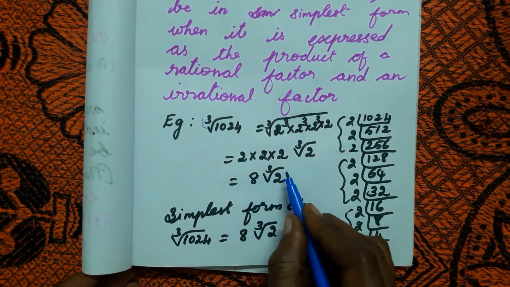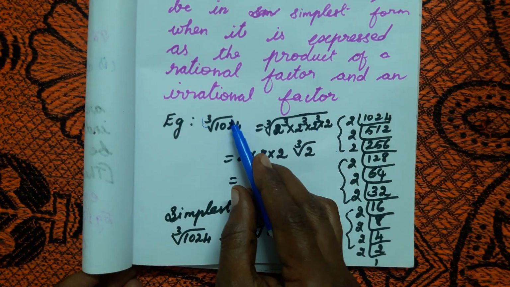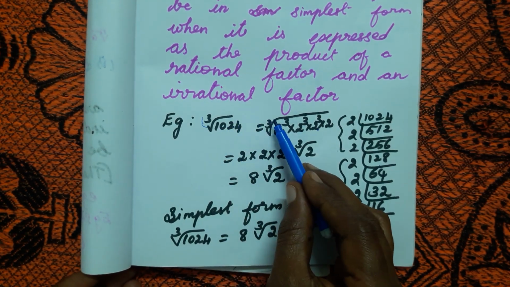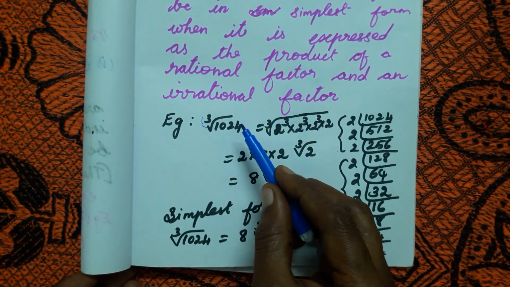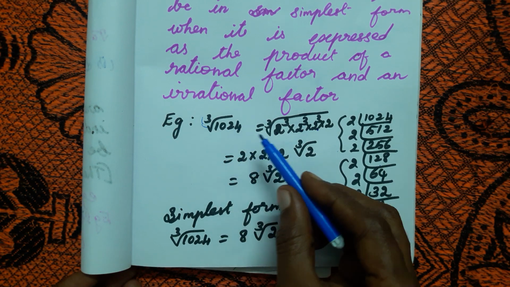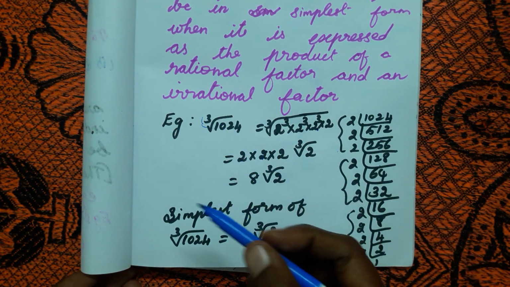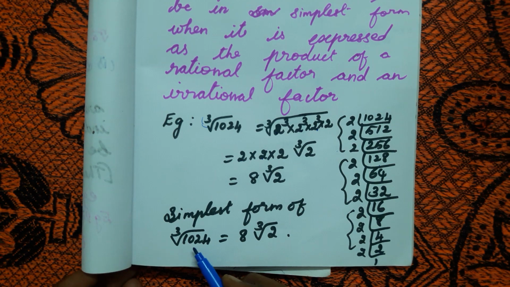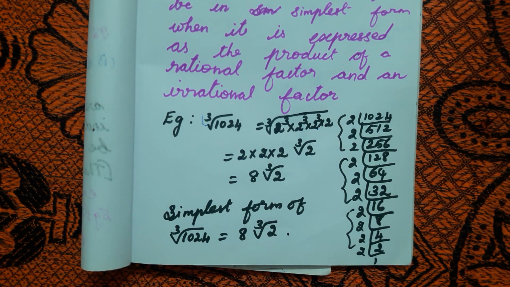So 8 cube root of 2 is the simplest form. Cube root of 1024 is equal to 8 into cube root of 2.